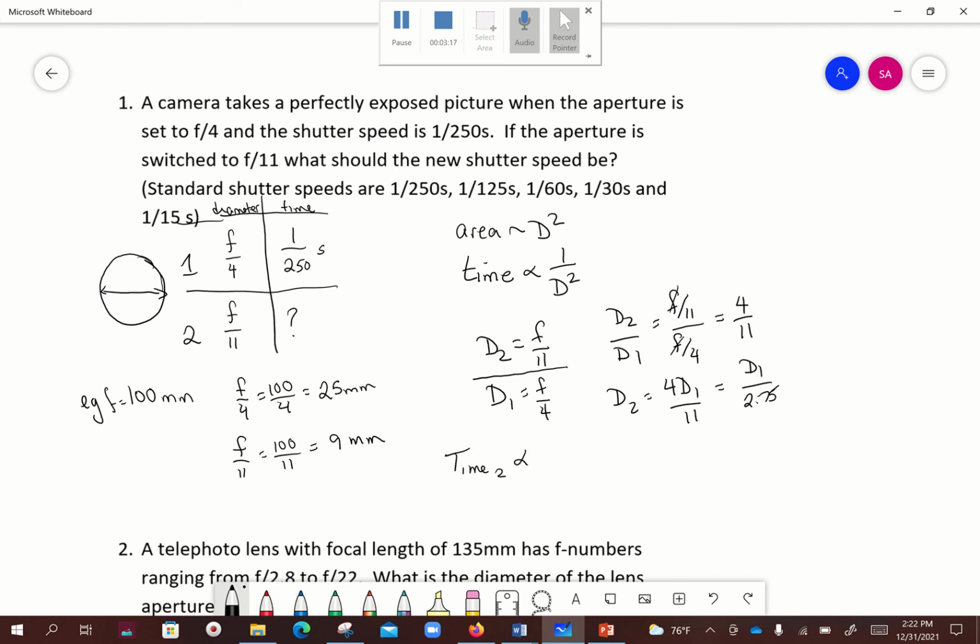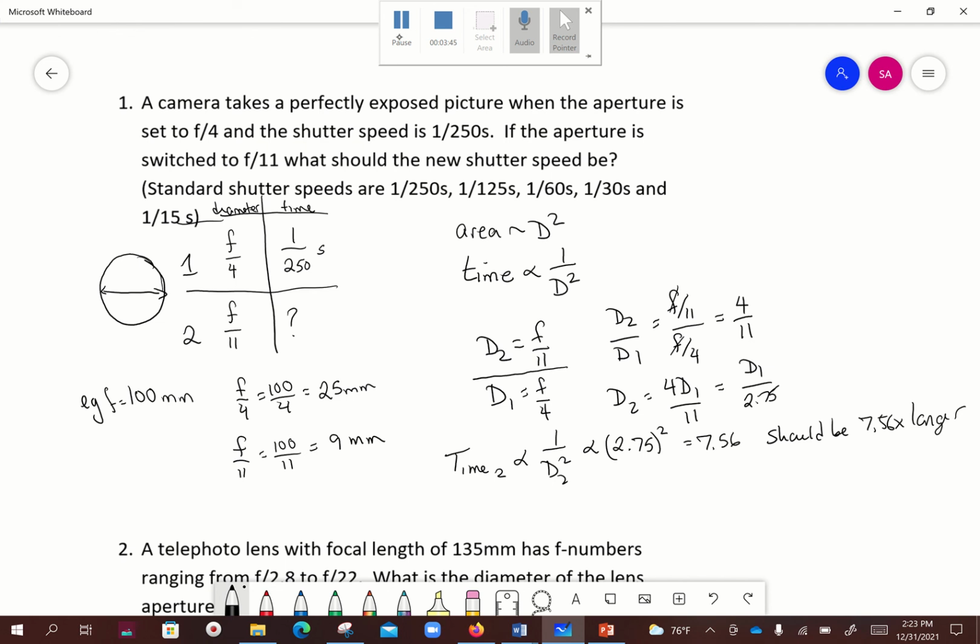time 2 should be proportional to 1 over the diameter 2 squared. So that should be proportional to 2.75 squared, which is 7.56. So the time should be 7.56 times longer with the smaller opening.